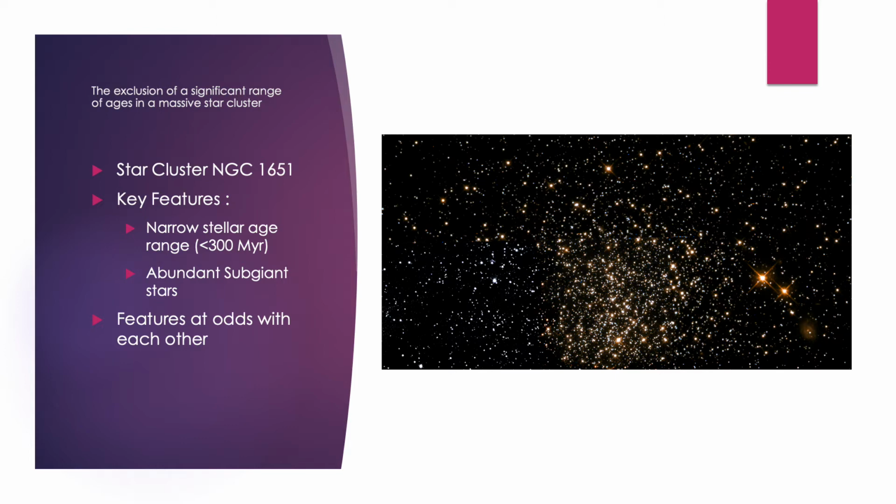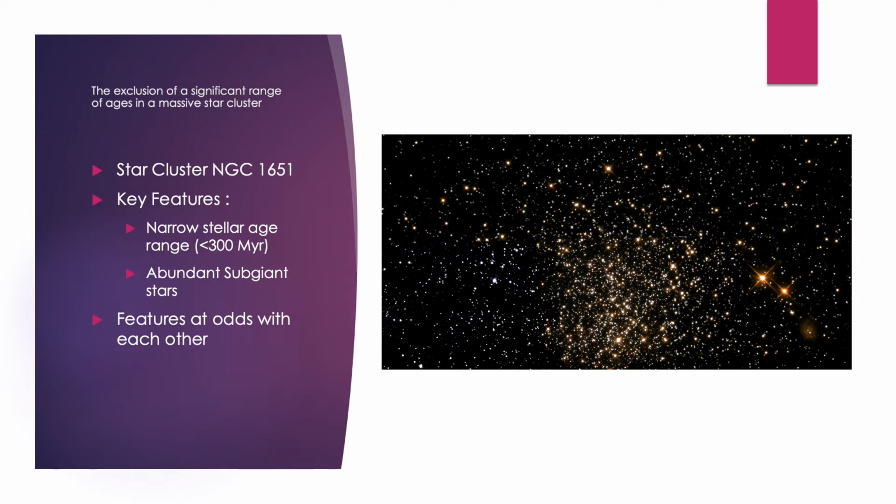Another key feature is that it has an abundance of subgiant stars, which, compared to having a small age range, having such a wide variety of evolution is kind of weird. So the researchers try to get a closer picture of what is going on.